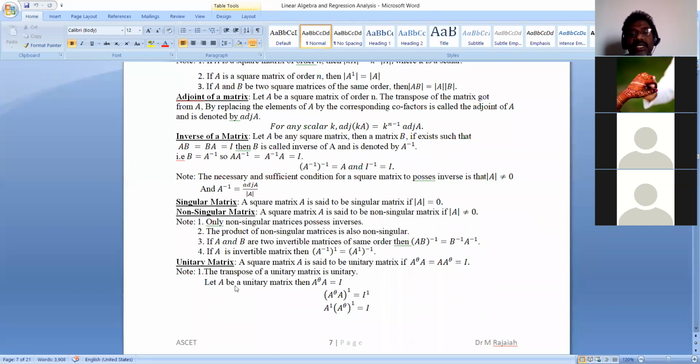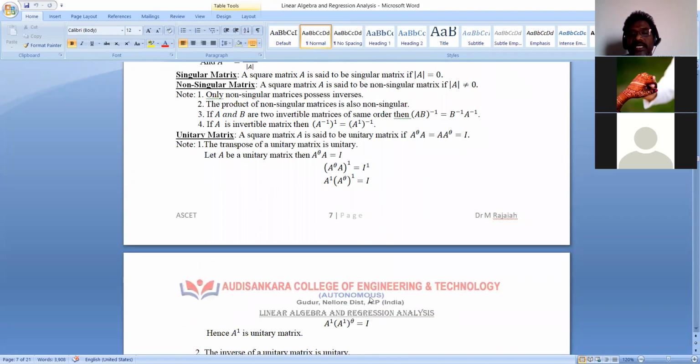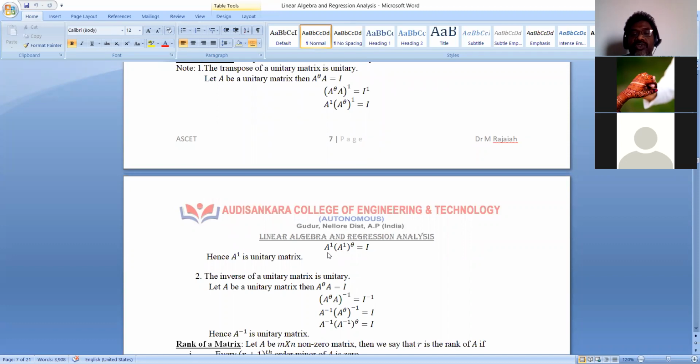Let A be a unitary matrix, then A^θ A = I. Taking the transpose, (A^θ A) transpose = I transpose, and by transposing properties, A transpose (A^θ) transpose = I transpose = I. That is, A transpose (A transpose)^θ = I. Hence A transpose is also a unitary matrix.